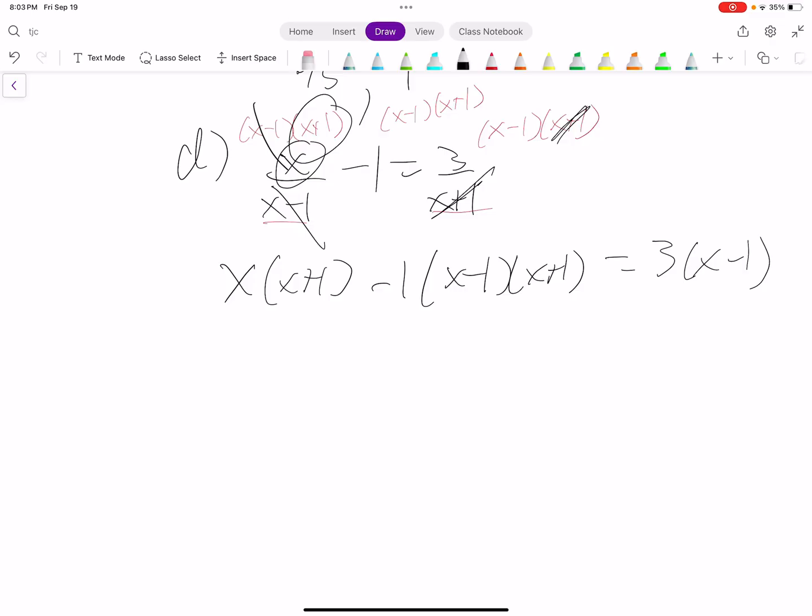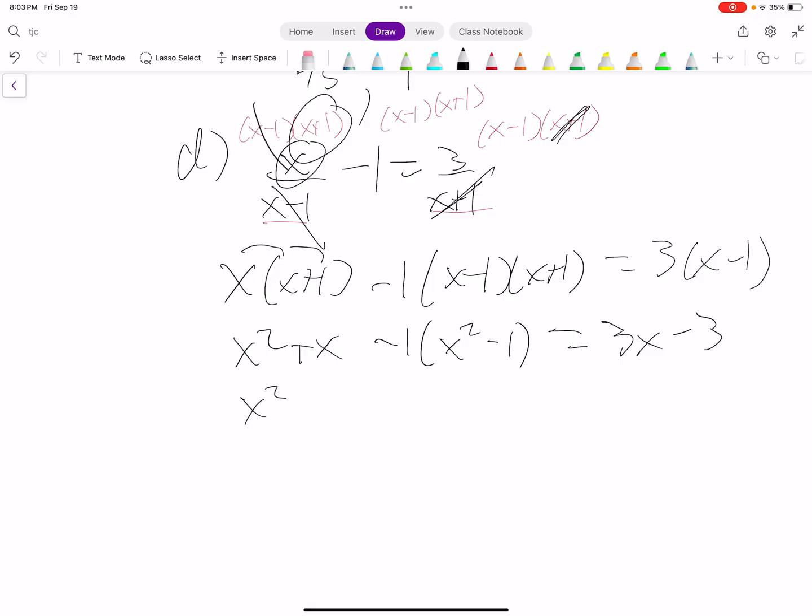Okay, now we're going to distribute everything out, so x squared plus x, and then this is negative 1 times (x squared minus 1) equals 3x minus 3. Okay, I still have to distribute the negative 1 through the second set of parentheses here in the middle.